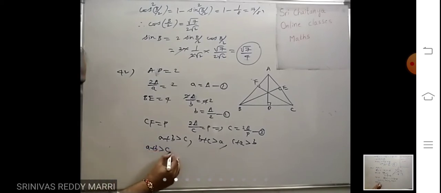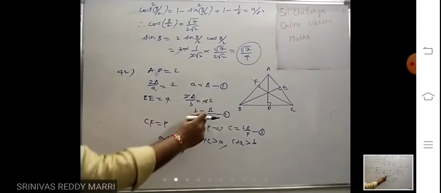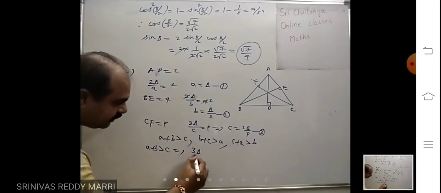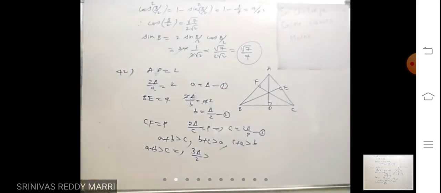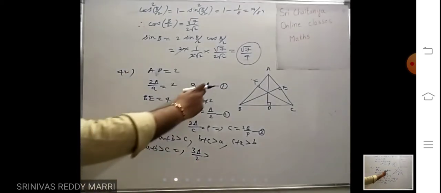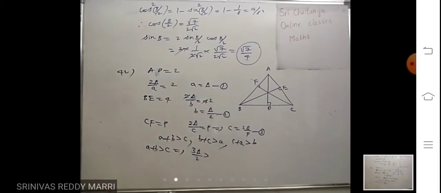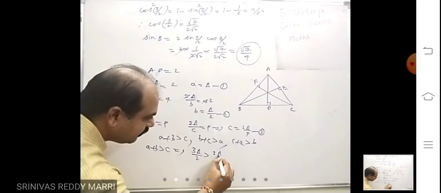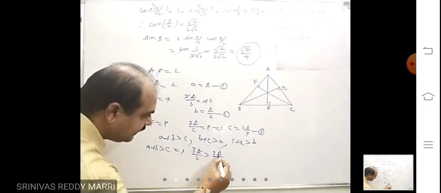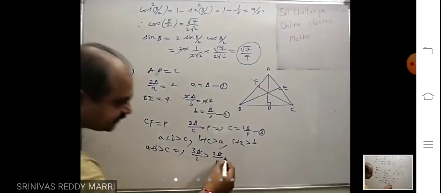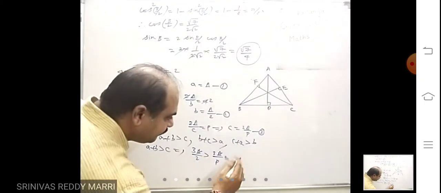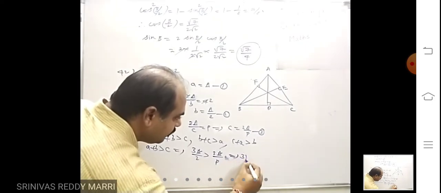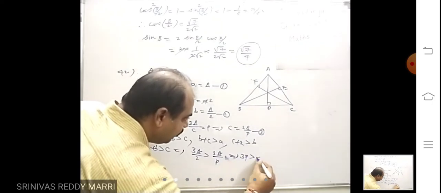In the first case, take A plus B greater than C. A plus B means delta plus delta by 2, which is 3 delta by 2, greater than 2 delta by P. Delta cancels. Cross multiplying, you will get 3P greater than 4.